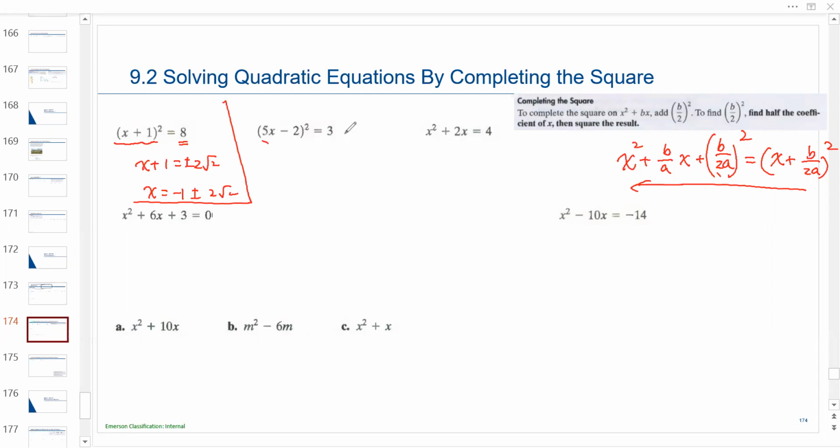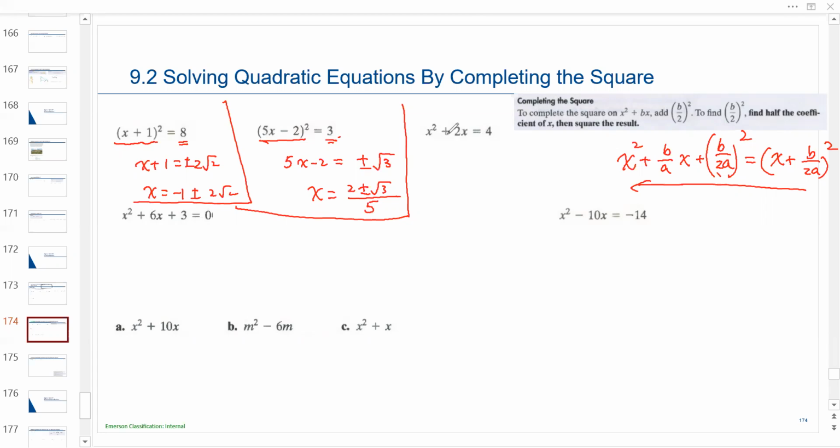If the left part is a perfect square and the right part is a positive number, we can take the square root of both sides. So x equals 2, move the 2 first, and then divide both sides by 5. You are familiar with this process.